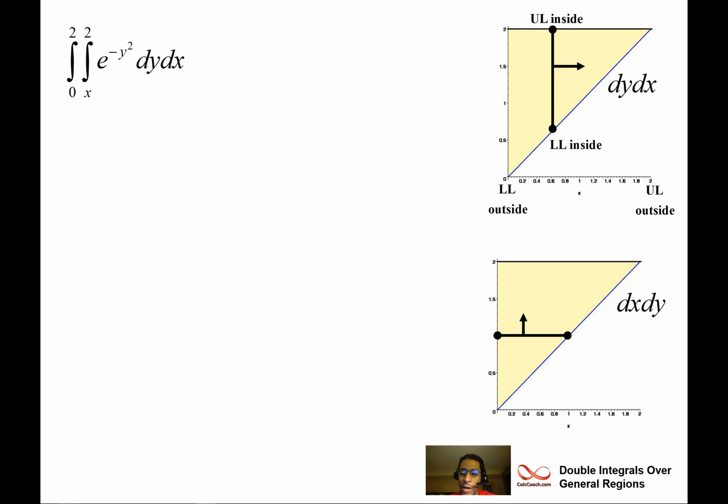And so dx dy then would have the circles at the end on the left and the right, and the left will be your lower limit inside and the right will be your upper limit inside. So we now have to figure out what these are. And then this thing moves from a lower limit outside of 0 to a higher limit outside of 2.